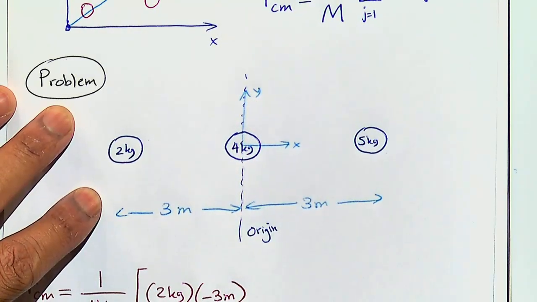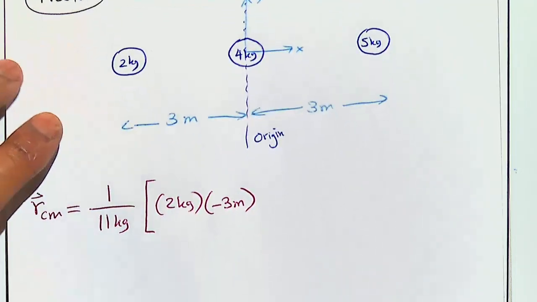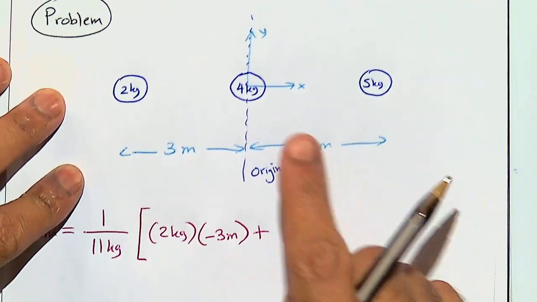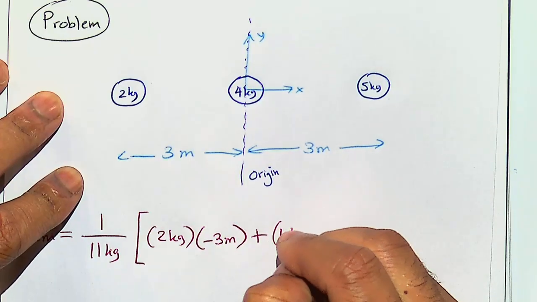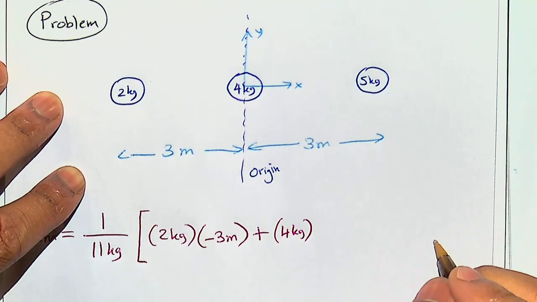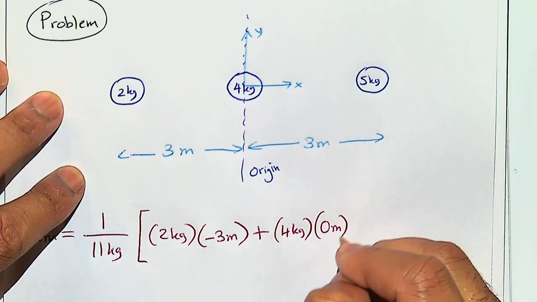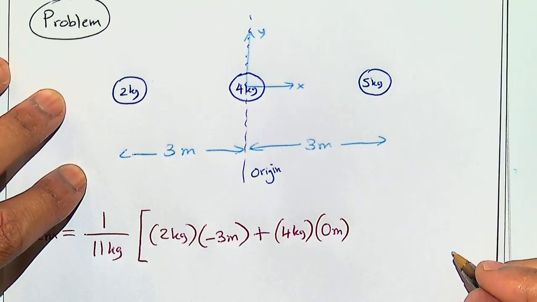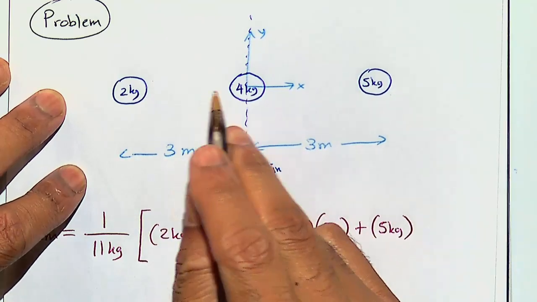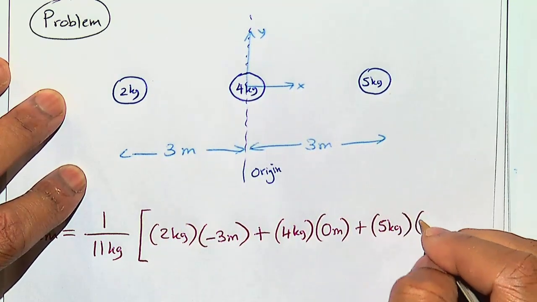We don't really need y in this case because everything is along the x-axis. So minus 3. And then we say 4 kilograms. How far is it from the measuring position? 0. We're measuring from the 4, so that should be 0. And then we do 5 kilograms, and how far is it from the 4? 3 meters.